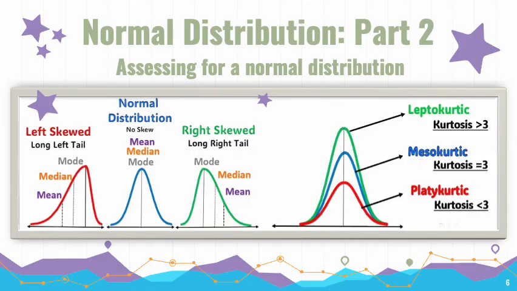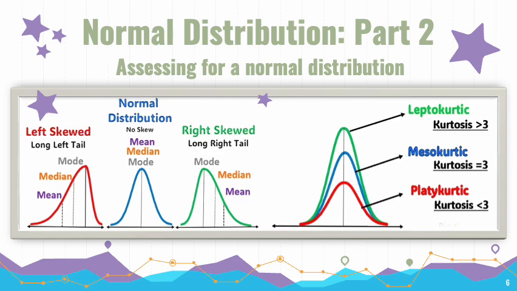It is very important to understand that no data set is ever going to be exactly and perfectly normally distributed in reality. However, we can assess our data set to determine if the distribution is centered well enough around the mean to be considered normally distributed.